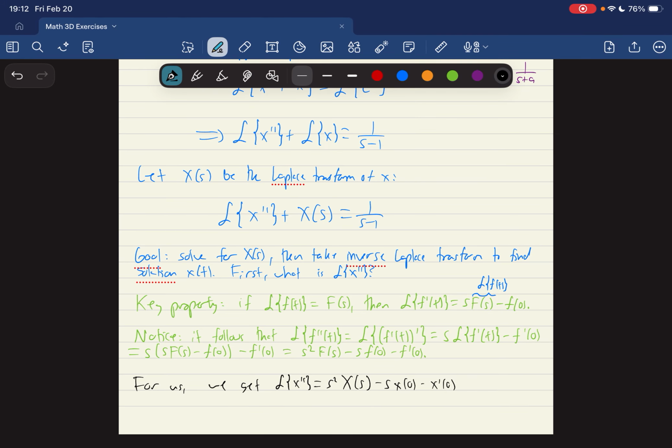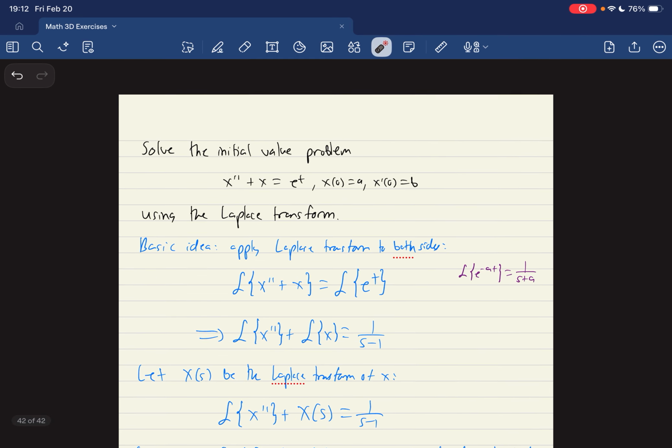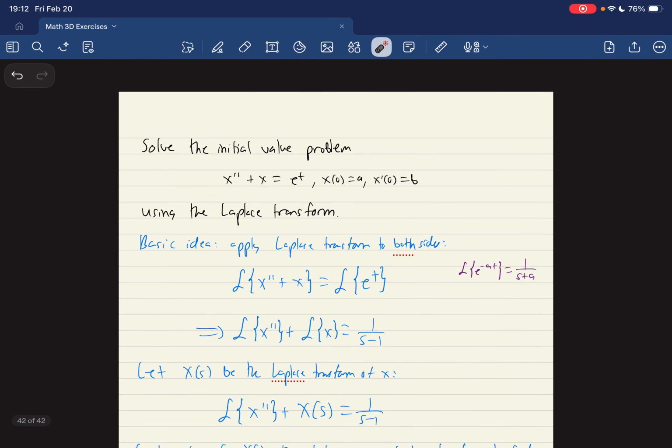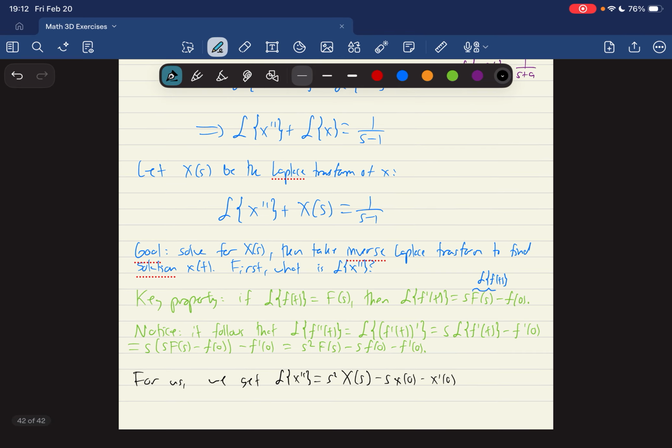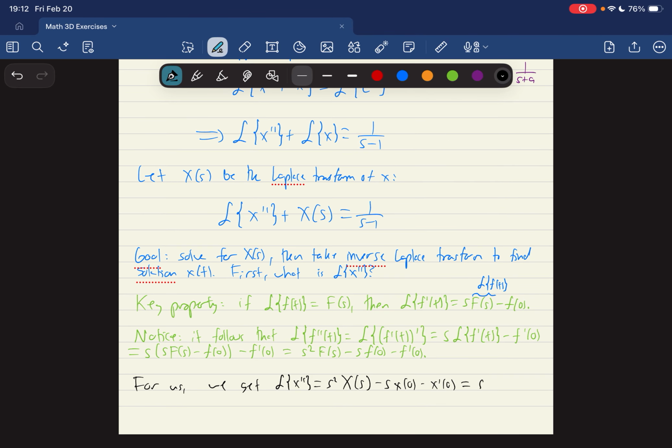Because we know what these values are, we were given that x at 0 should be a, and x prime at 0 should be b. This is going to be s squared capital X of s minus as minus b.